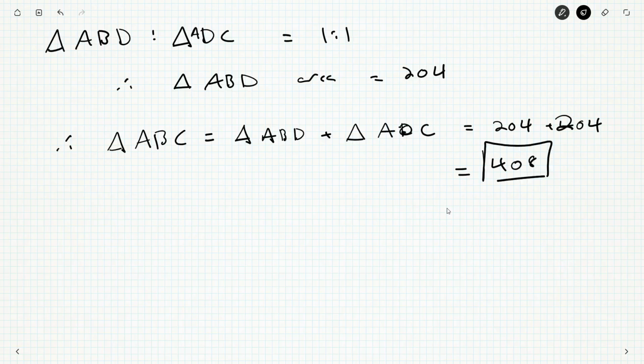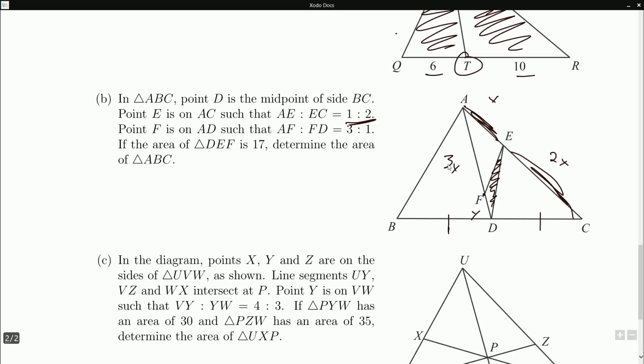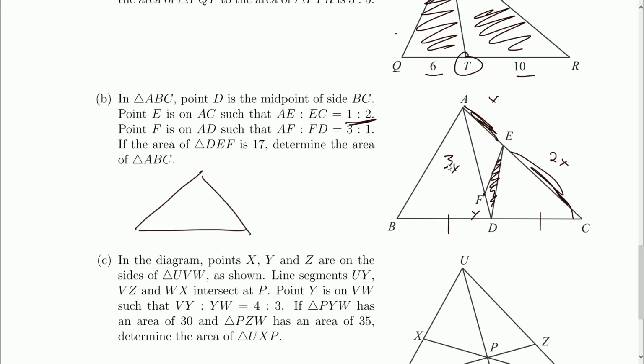I wonder if there was a shorter way to do it. Well, I guess if you say something like, I said a ratio of A to B for these points. But if you know one of the areas here, then the total area for that triangle will be A plus B divided by B times the area of the smaller one.